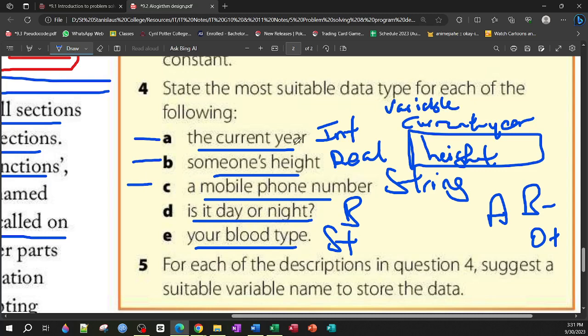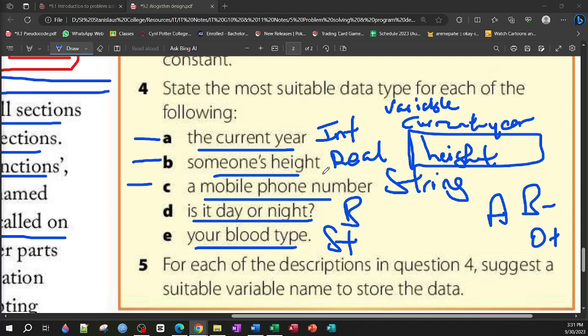Good. What name would we create for a mobile phone number? Mobile phone number. Also, another rule. Remember, we set some rules for naming variables.